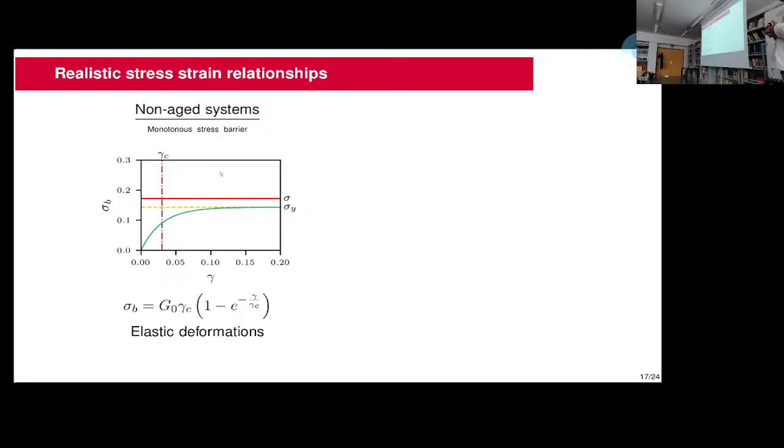Okay, so now what do we put into this model? What kind of stress barrier description can we use? So for non-aging systems, the relation between the stress barrier and the strain looks something like that, if you include only the elastic deformation of your particles. So if you start with no stress applied on your system, you can elastically deform your particles.